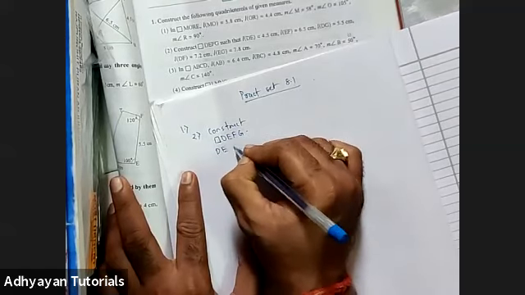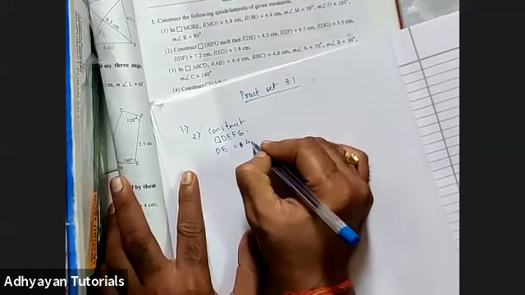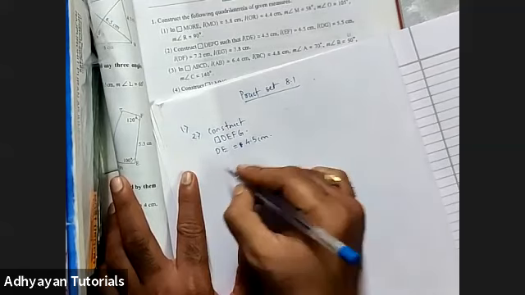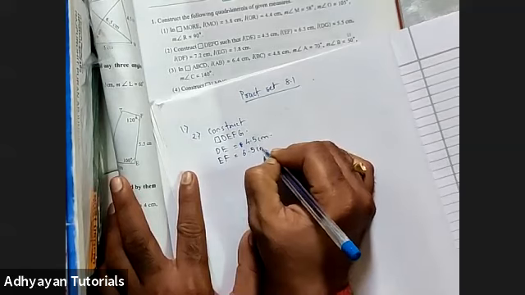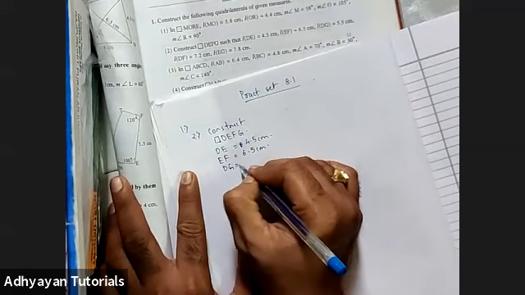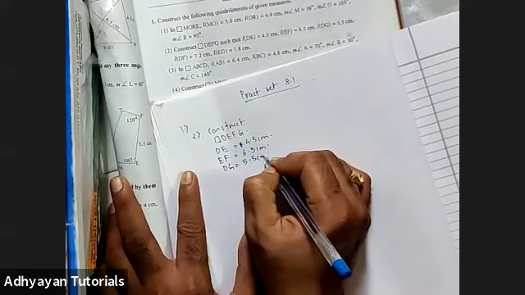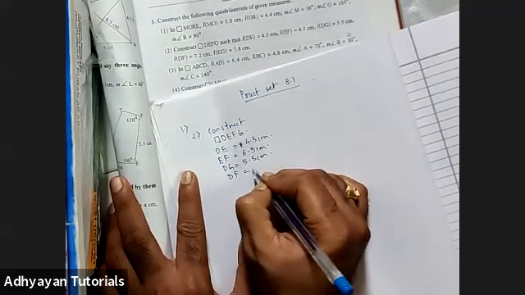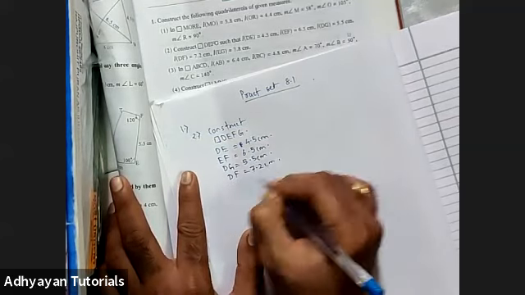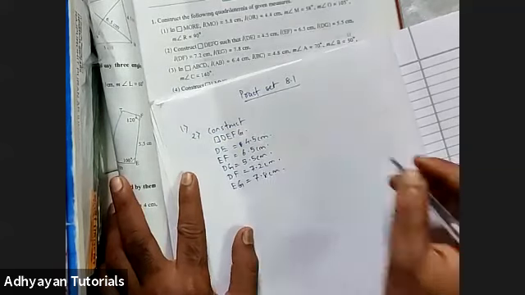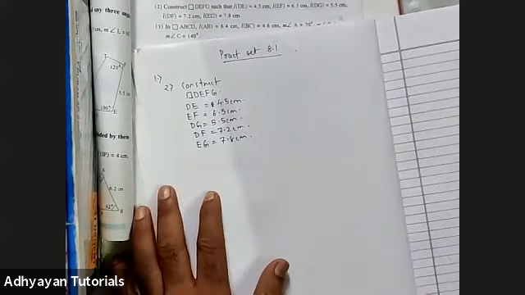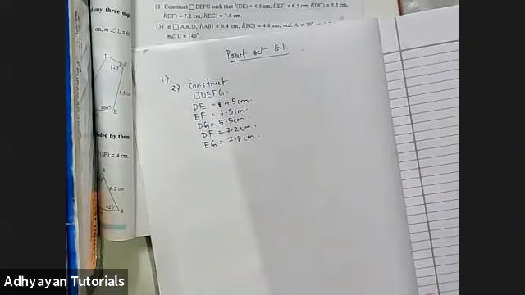Length of DE is 4.5 and EF, children, is 6.5. DG is 5.5. DF is 7.2 centimeter and EG is 7.8 centimeter. Wow. So we need to draw a rough figure.